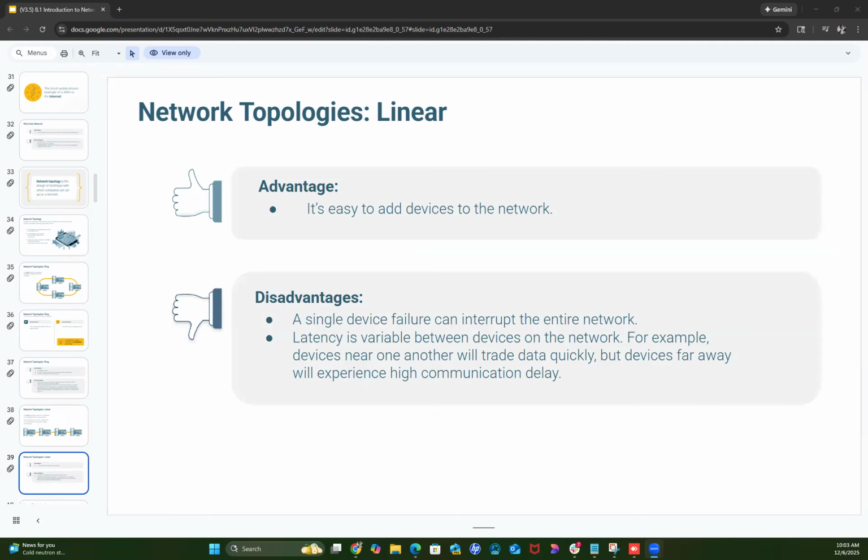Adding devices to the network is easy. What is the disadvantage of this topology? A single device failure can interrupt the entire network. Latency is variable between the devices on the network. For example, devices near one another will trade data quickly, but devices far away will experience high communication delay.